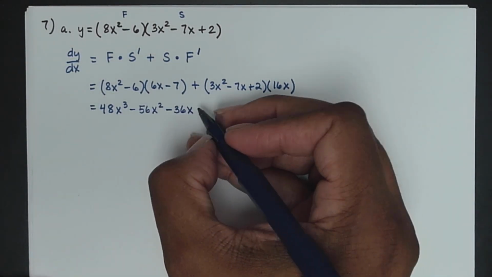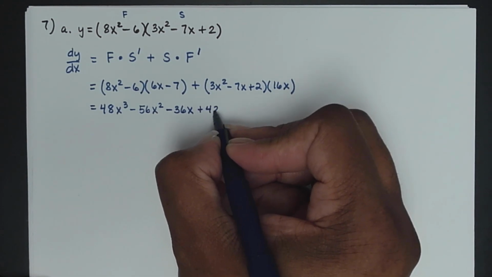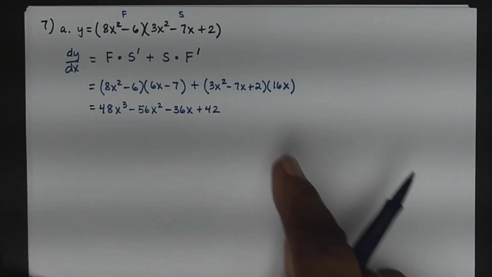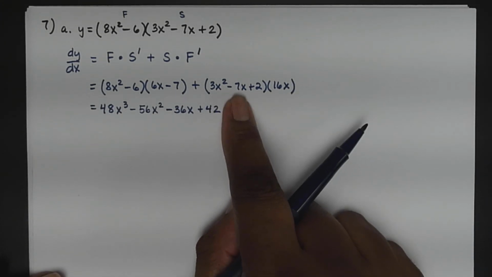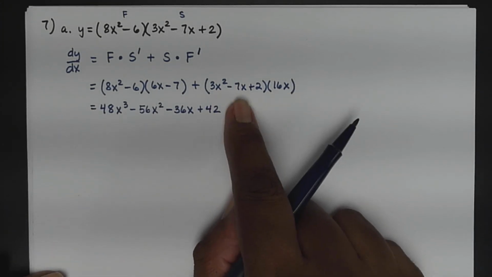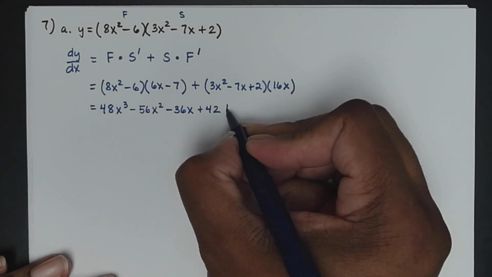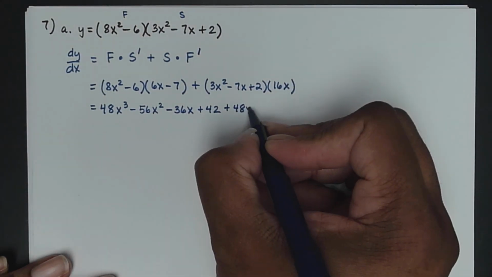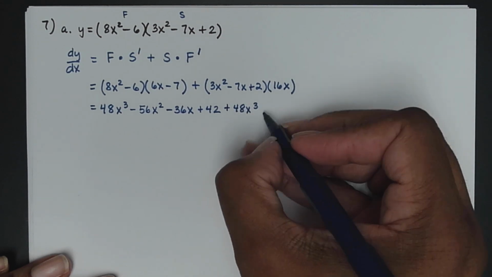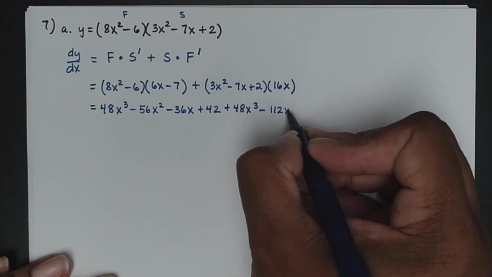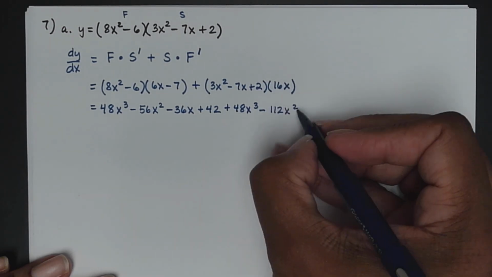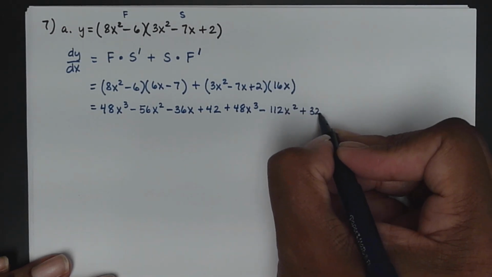And then minus 6 times the minus 7 will be plus 42. Now for this, I have to distribute the 16x over the 3x squared minus 7x plus 2. 16x times the 3x squared will be 48x cubed. 16x times a minus 7x will be a minus 112x squared. And then 16x times a 2 will be plus 32x.